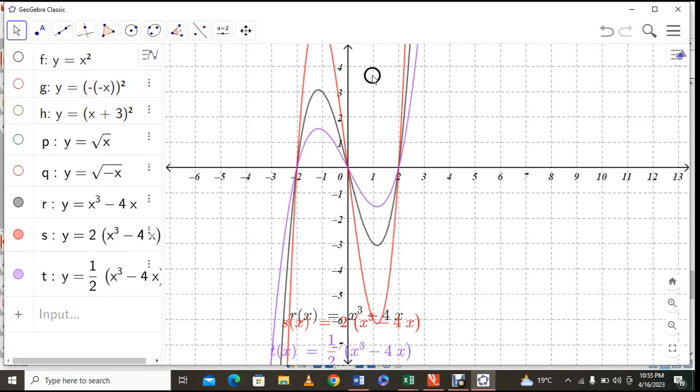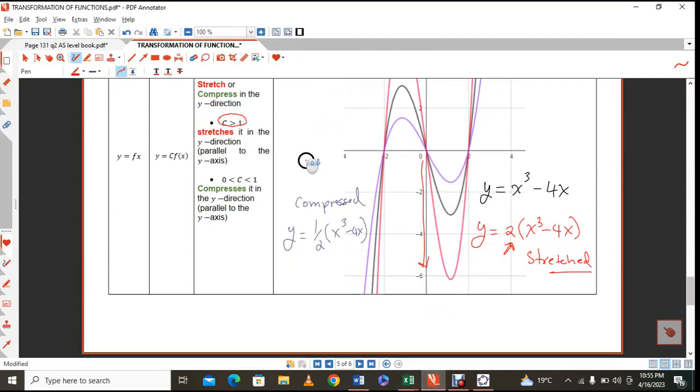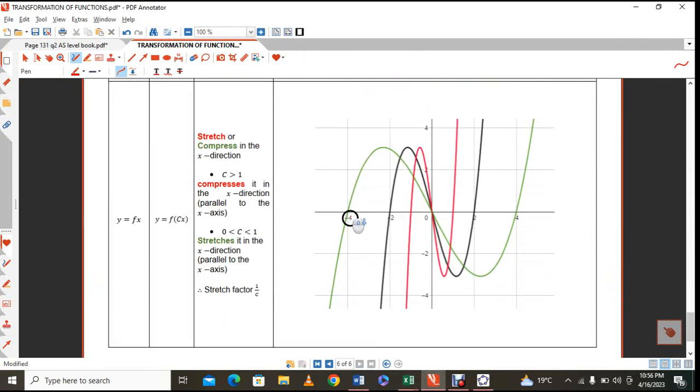So it is the vertical stretch or vertical compression. Okay, so that takes us to our last one. If you have a vertical stretch, you also have a stretch or a compression in the x direction.